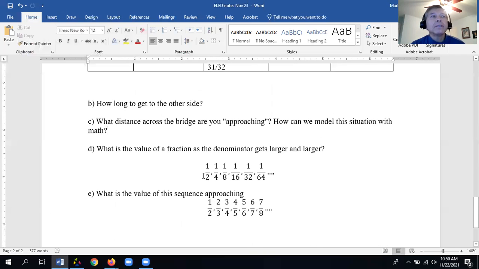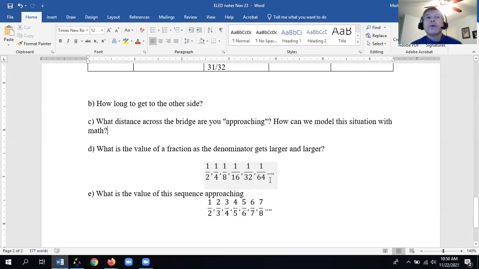So if you look at these numbers here, 1/2, 1/4, 1/8, 1/16, and so on, the question is what is the value of this fraction as the denominator gets larger and larger? So you can see what the pattern is here, and what is the value of this? Like 1/2, we know that's 0.5. 1/4 is 0.25. 1/8 is 0.125, and so on. So what is this getting close to?